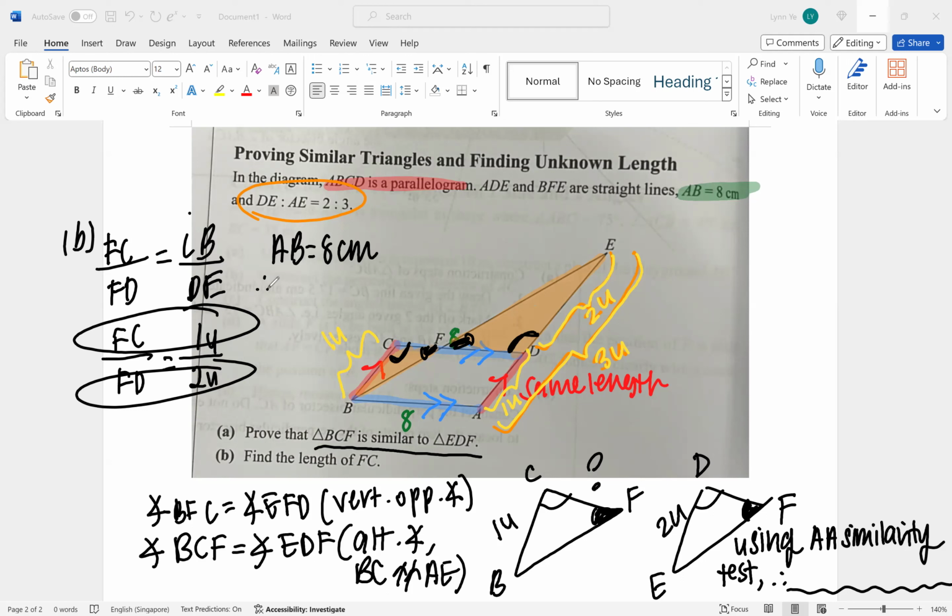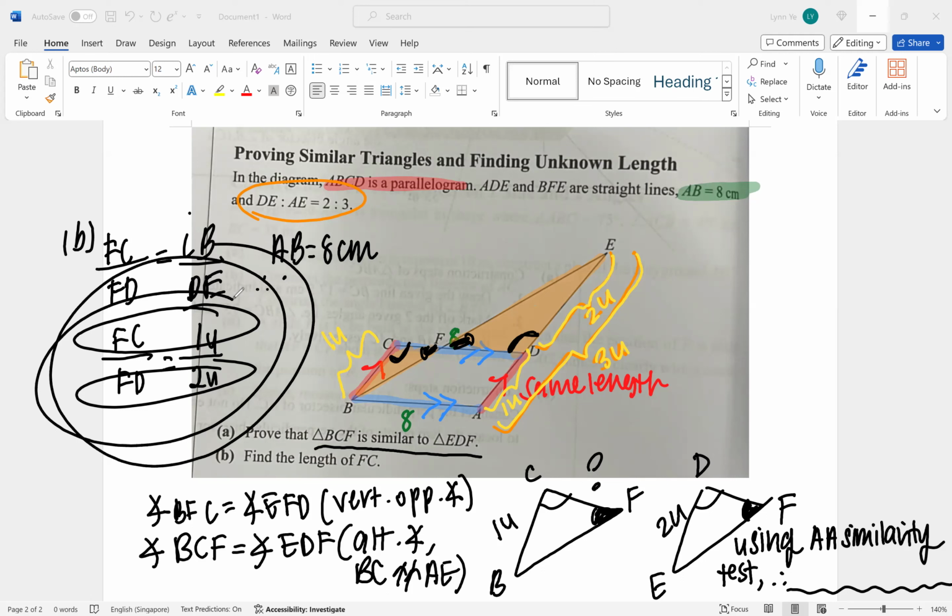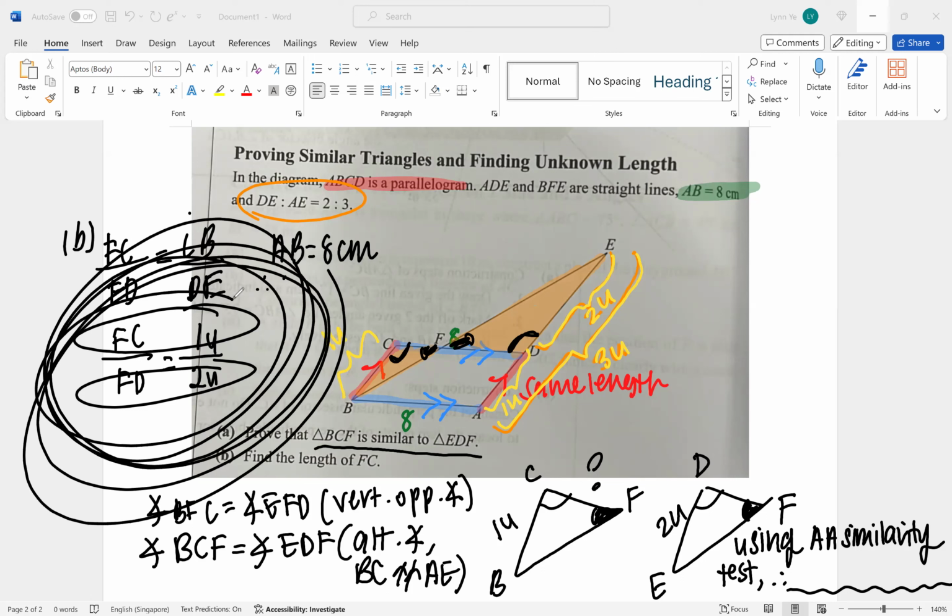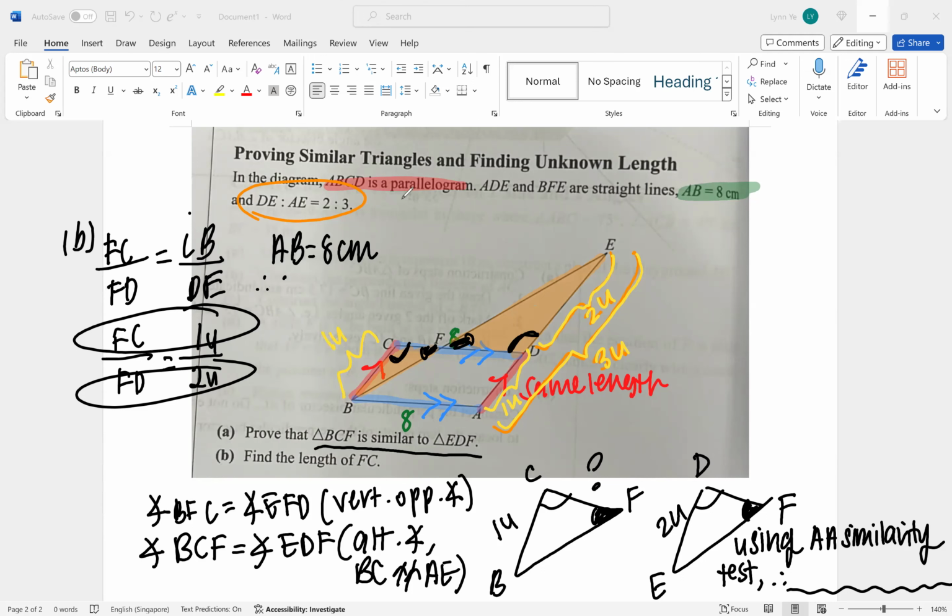AB is equal to 8 cm using what property? And therefore, I can say that who? But we want to link back to this person, but I cannot link back to this person yet. I need AB to link to somebody, then I can link to this.